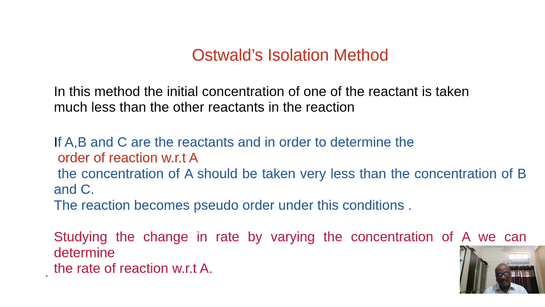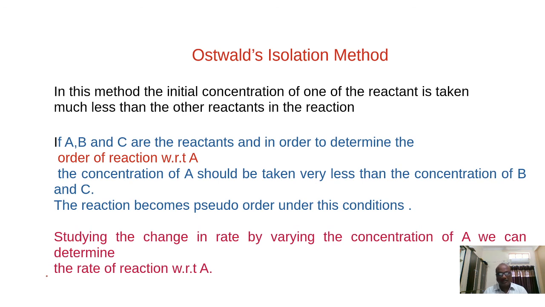In order to determine the order with respect to A, B and C should be kept constant, or taken in excess. Under those conditions, the rate of reaction depends only on A. By changing the concentration of A, we observe the change in rates. Depending on that, we can determine the order with respect to A.